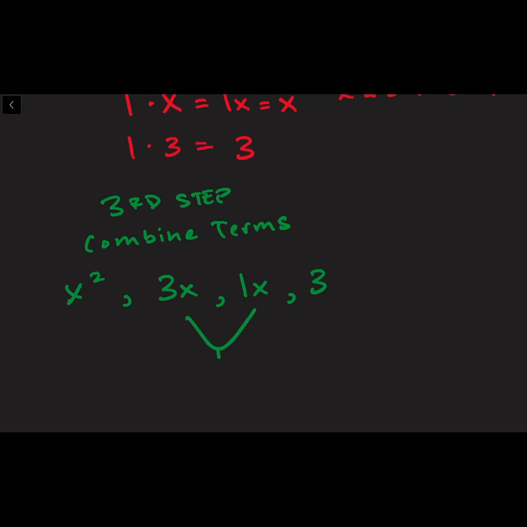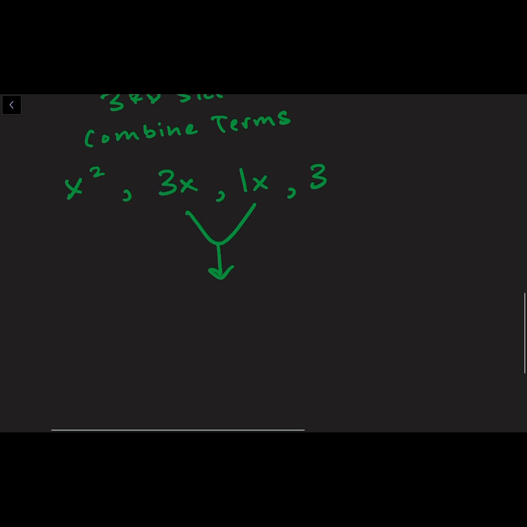Our only two like terms are 1x and 3x because they have a power of 1. Combining means adding, so 3x plus 1x gives us 4x.